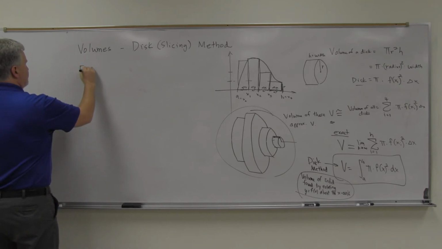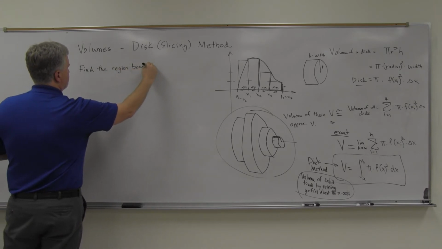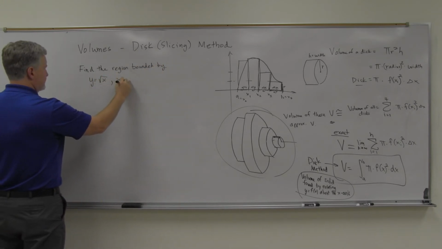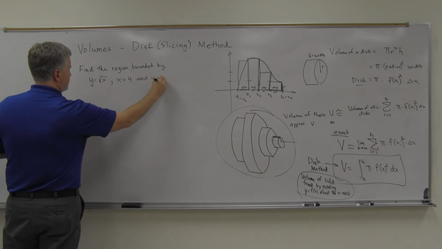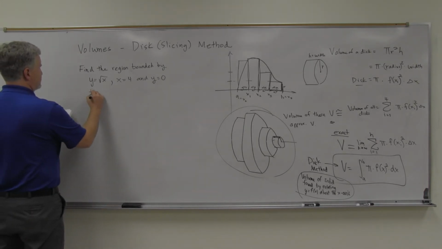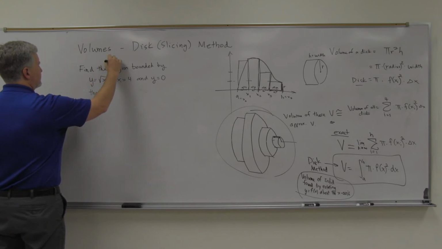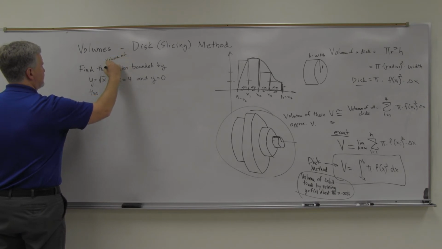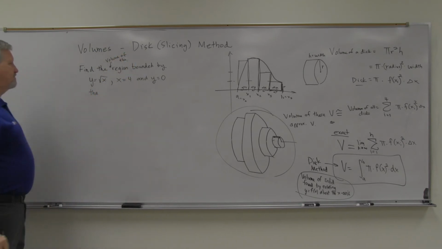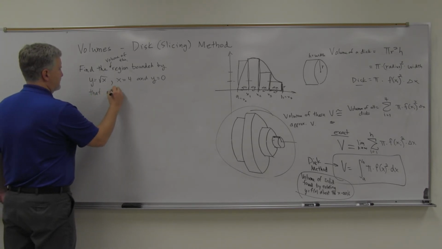All right, so let's find the volume of the region bounded by y equals square root of x, x equals 4, and y equals 0, that is rotated about the x-axis.